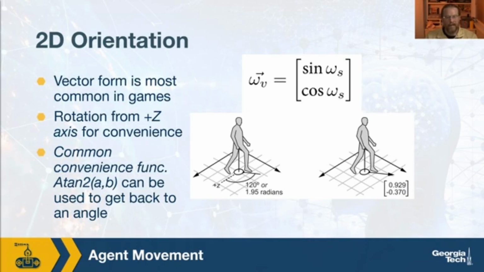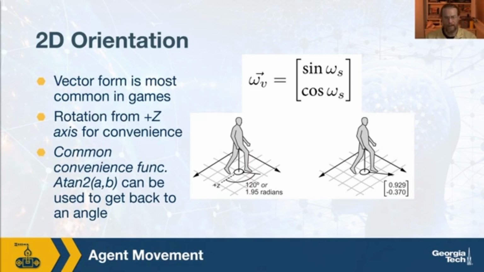Now, in the case of our rotations, we do have to consider what we are using as forward, and that will usually be either the positive Z or negative Z direction, and we have a choice here. We can decide that we're measuring angles relative to the forward vector or relative to the x-axis.